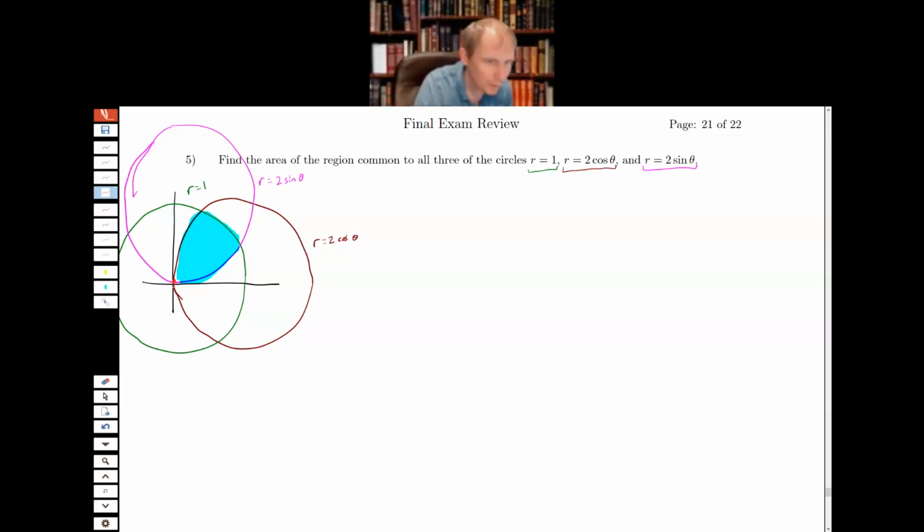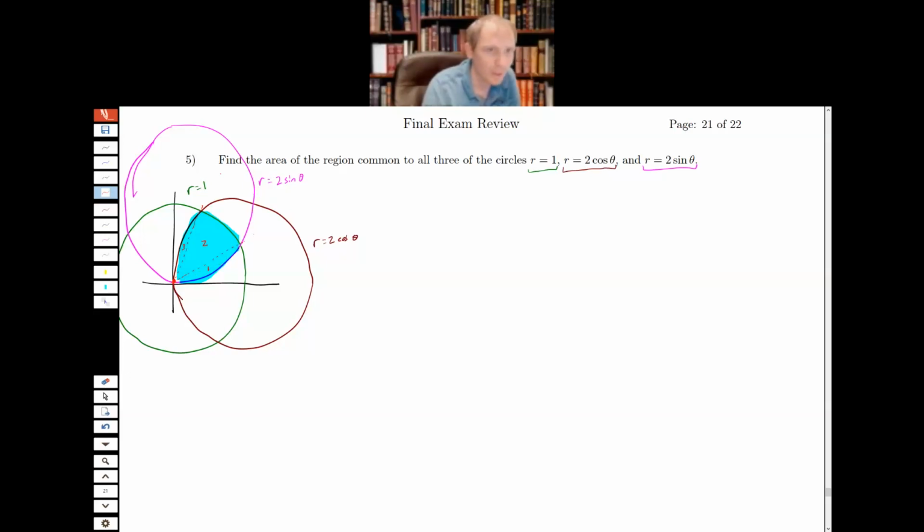Here, let me break this up. I'm breaking this up into three regions, right? So I have region 1, region 2, and region 3. For region 1, the region is bounded by, it starts at the origin and it goes out, if I draw rays coming out, until it hits this pink circle.